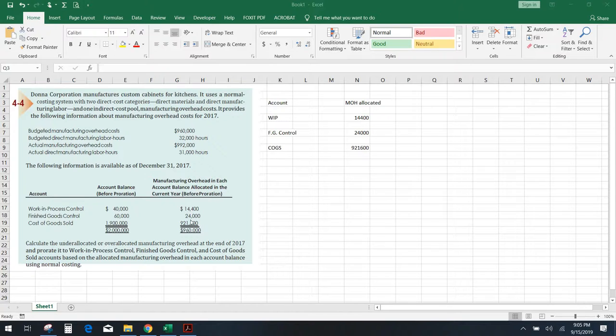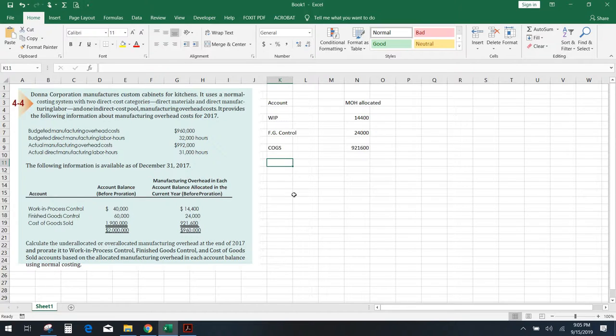in the current year. And then it wants us to calculate the over or under allocated manufacturing overhead at the end of 2017 and prorate it to work in process control, finished goods control, and cost of goods sold accounts based on the allocated manufacturing overhead in each account balance using normal costing. Okay, so what are they really asking here?